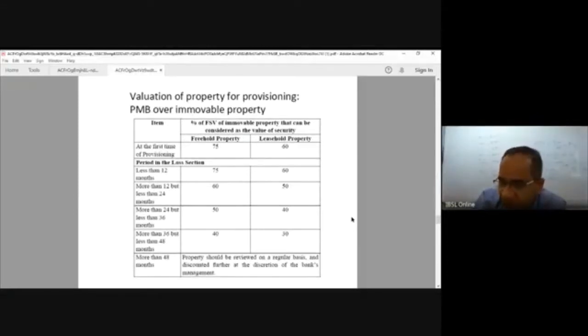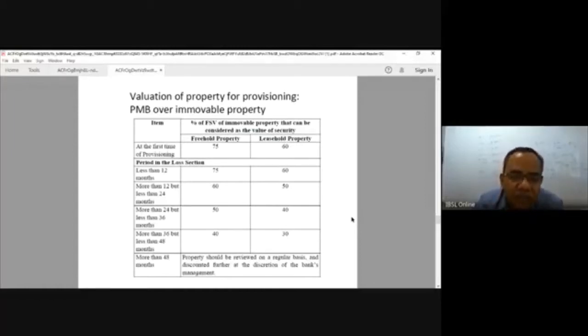Every 3 years, they say you must review it, especially when it comes to NPAs. If it is not reviewed in 3 years, you can't take the percentage, you will have to provide 100%. That's the central bank's rule.